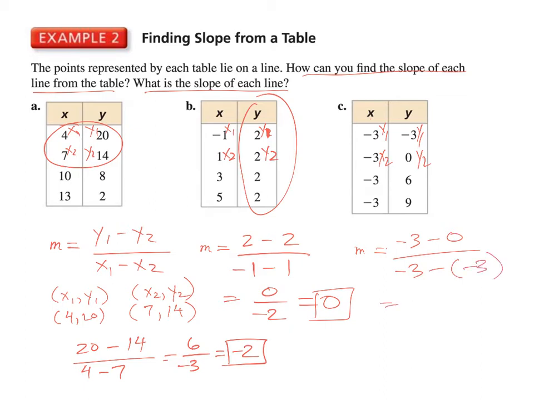So I end up with -3 over 0. Whenever 0 is under, your answer is undefined. There is no number. You cannot divide by 0. The slope is undefined. Moving on to the next example.